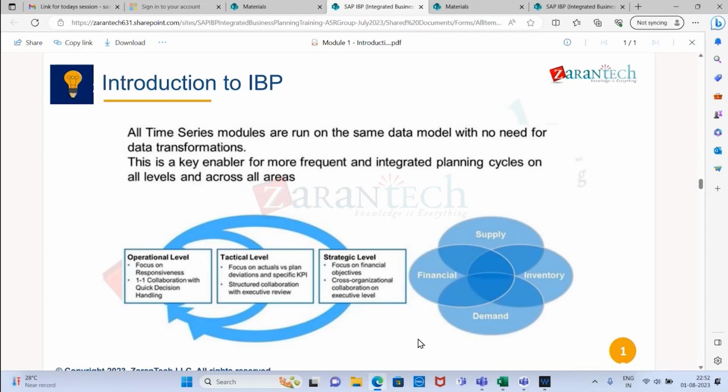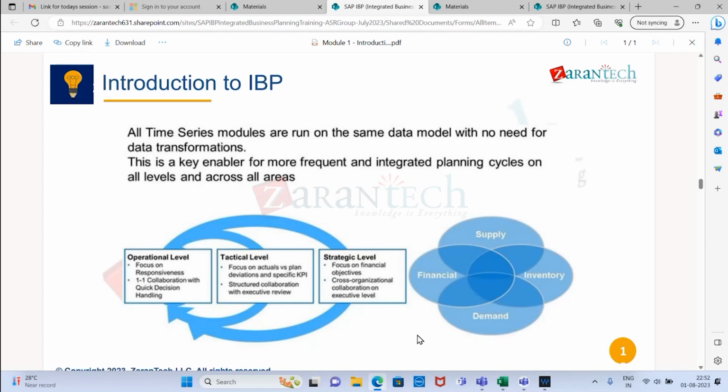Now, the strategic level team talks about a very high-level view. They talk about strategy making, defining the strategy, maybe made to order or made to stock, or any other marketing strategy, sales strategy or supply chain strategy.